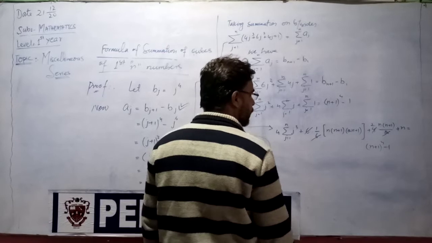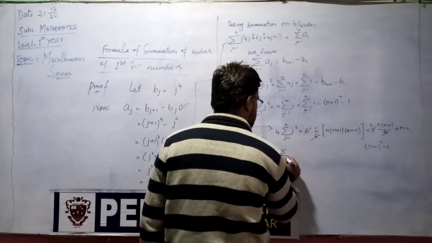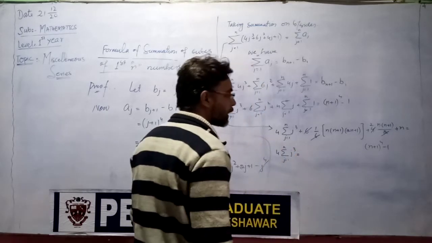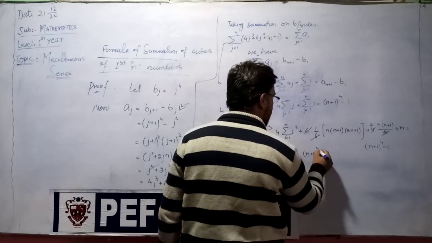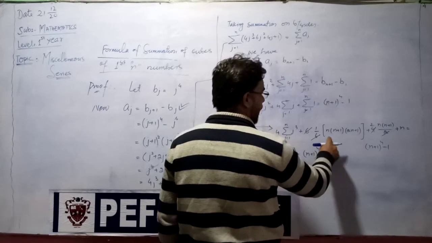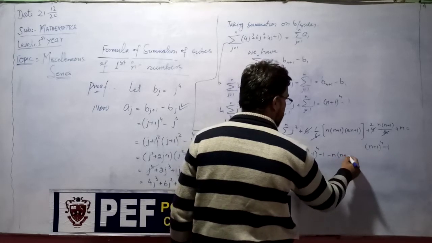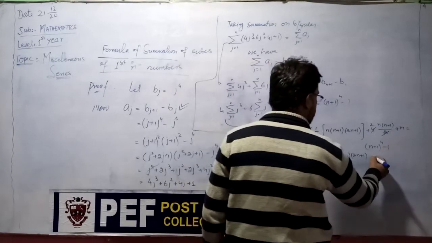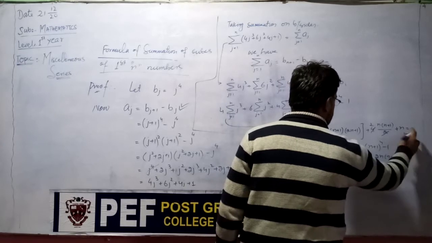So we see that the sum of 4 j cubed, j varies from 1 to n, becomes (n plus 1) to the power 4 minus 1, and this will be shifted, so minus n plus 1 into n plus 1. Similarly, this will be shifted to that side, minus 2n plus 1, and this n will be shifted, so this becomes minus n.